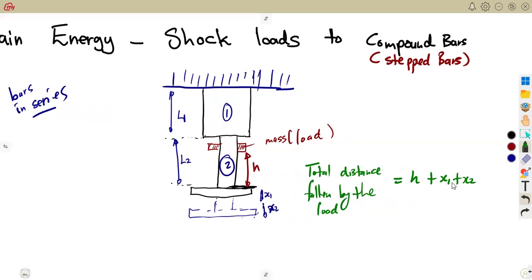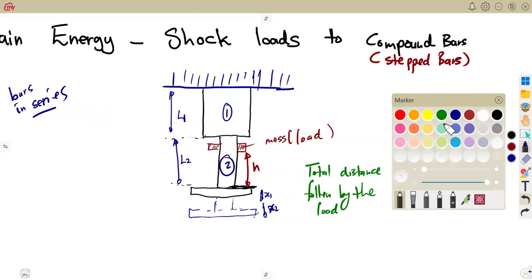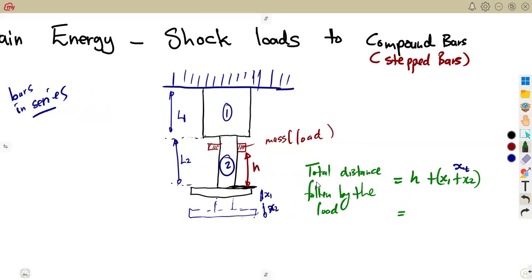Meaning to say this part here is part of the extension, our x total, x1 plus x2. Remember, in series, the total extension is x1 plus x2. So at the end, we are talking about h plus xt, which is total extension. This will be the total distance that has been fallen now.